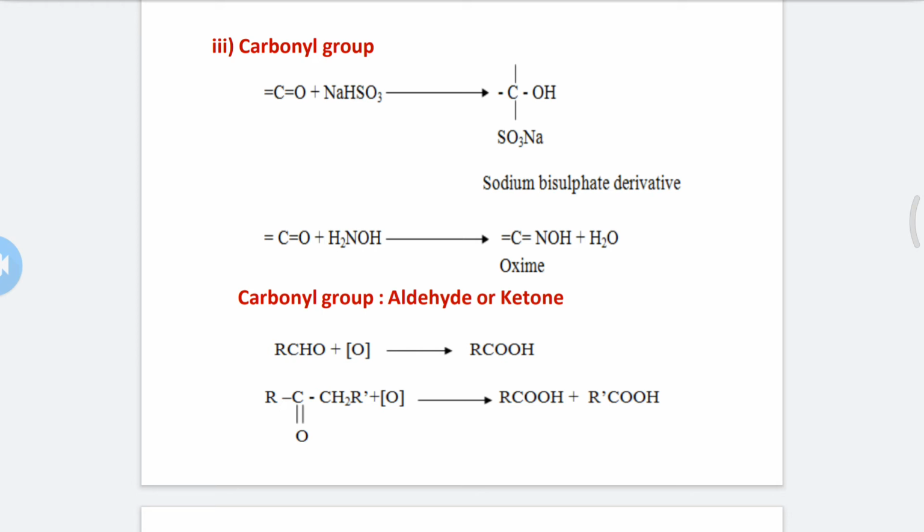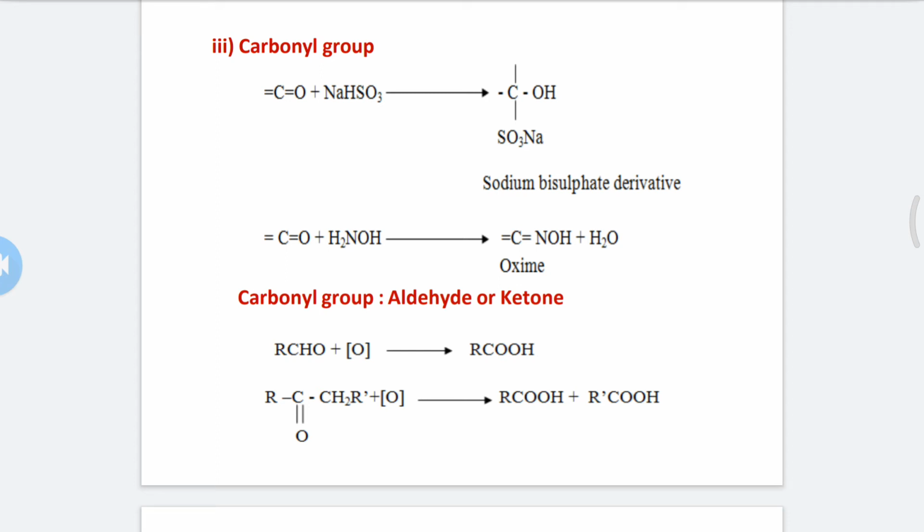Another method: if carbonyl groups such as aldehydes or ketones are present, they are oxidized to form an acid. Suppose the terpenoid contains RCHO, an aldehyde; it is oxidized to give an acid, which is determined by titration.